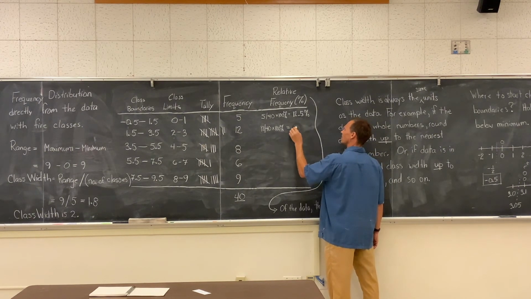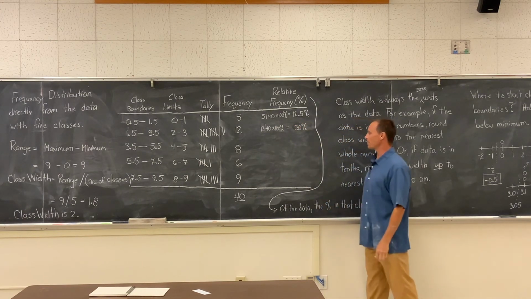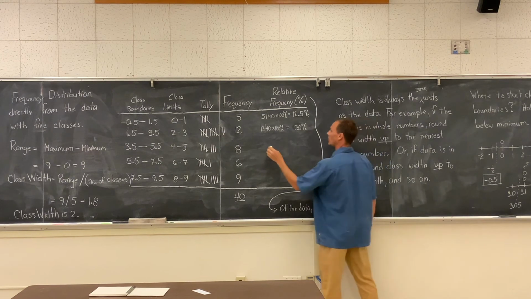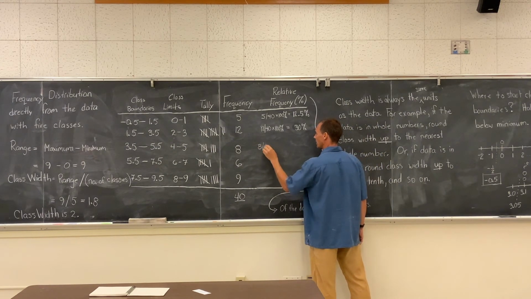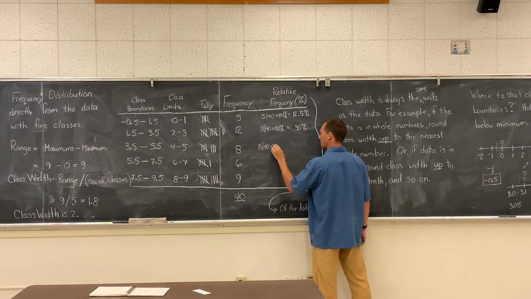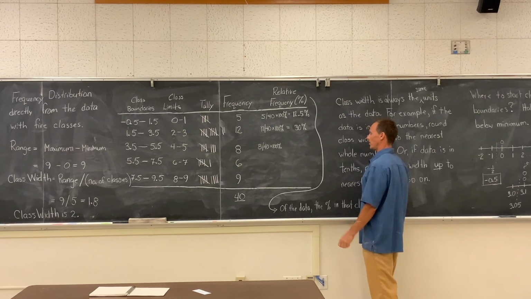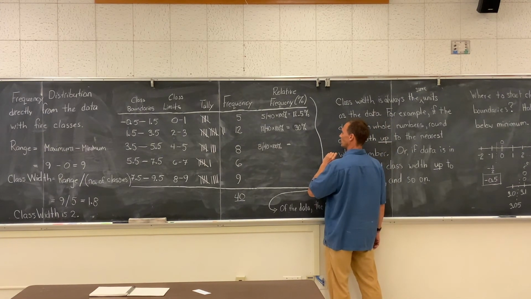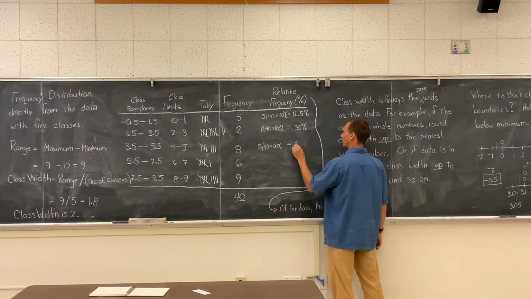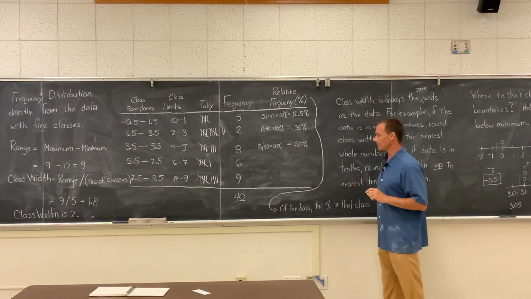Yeah, it is. Yeah, it is 30. Yeah, 30, thank you. 30% of our data. Our next one, we'd say, well, 8 of our data values are in the third class. 8 of our 40 times 100%. That's going to be 20. Yeah, 20% of the data values fall into that third class.